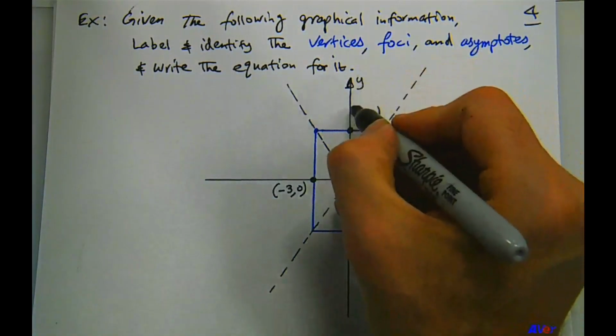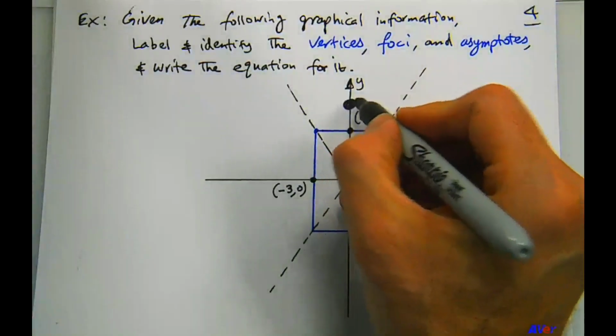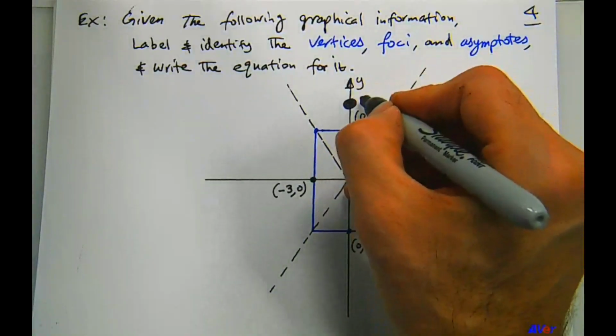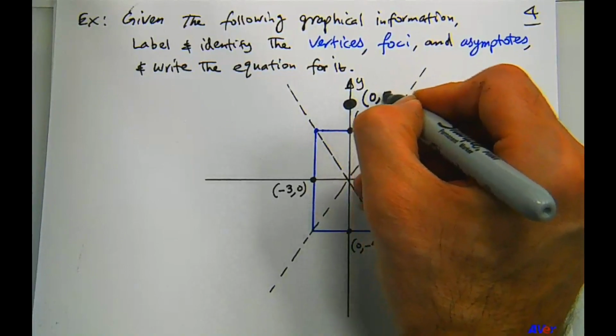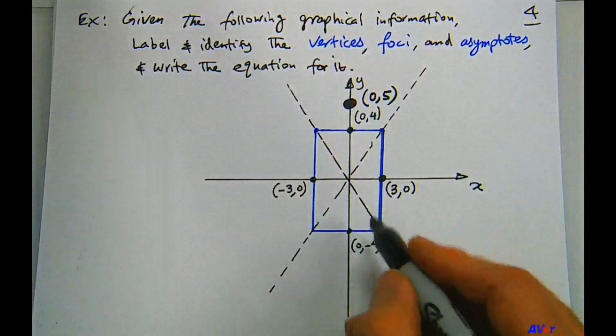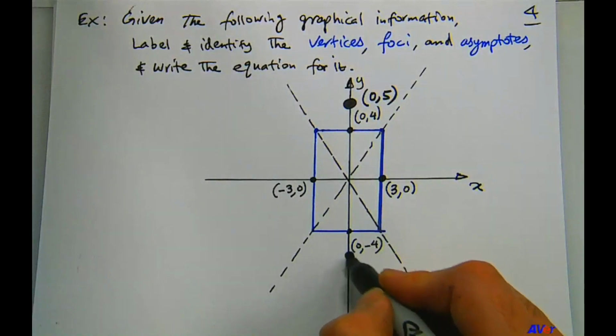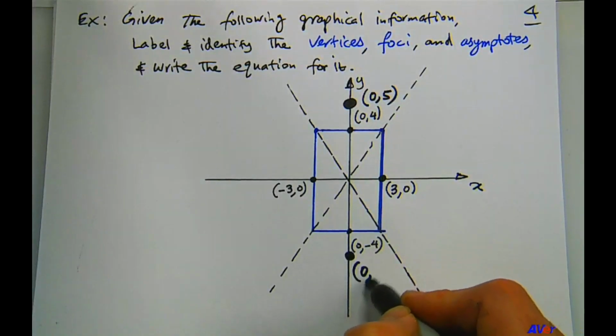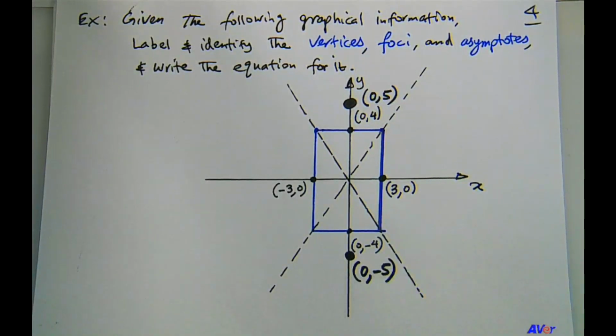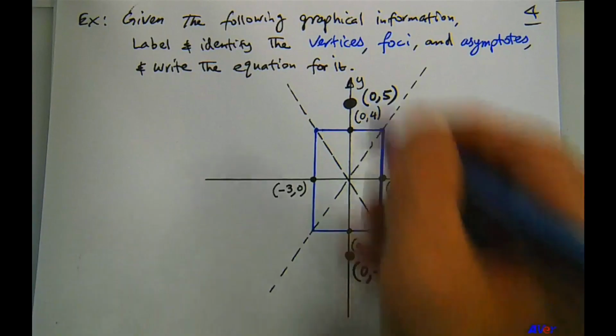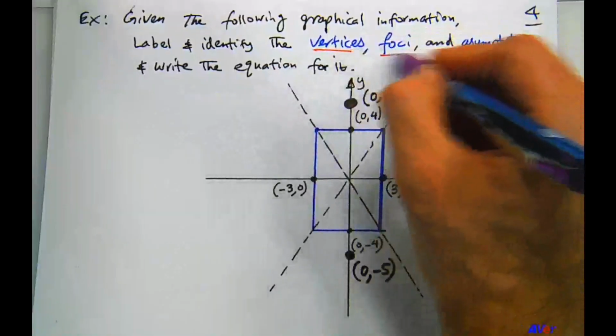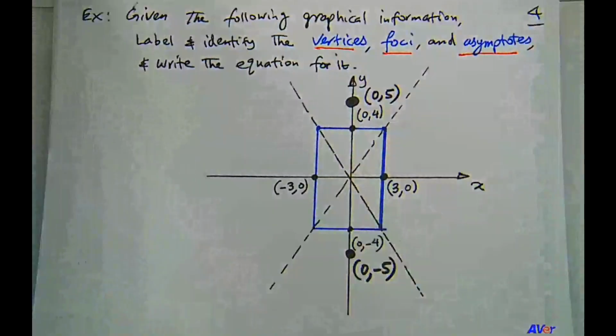We are given a point here, and we are told that the coordinates of that are 0, 5, and here the coordinates would be 0, -5 for that big dot. Now we need to identify the vertices, the foci, and the asymptotes.